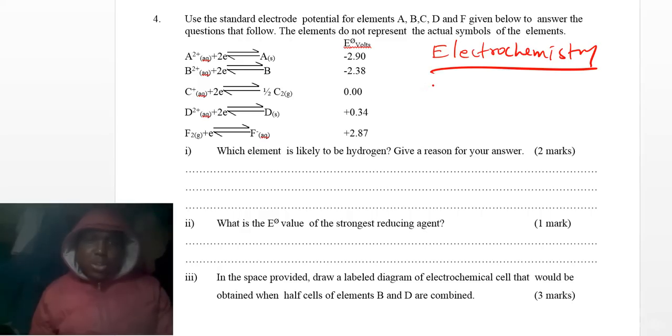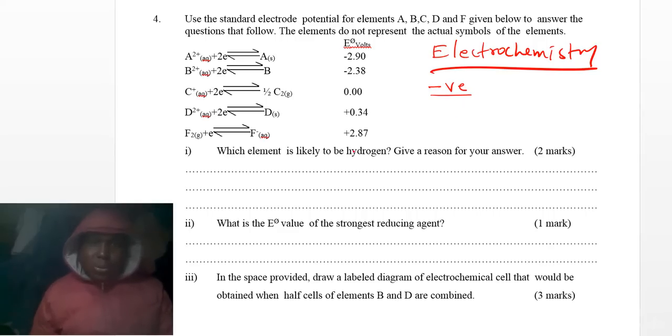The electrode potential with the higher negative value has more reducing power. It is more reactive, therefore it will give electrons. The more positive an element is, the more of an oxidizing agent it is. It is less willing to give electrons, so it will undergo reduction.